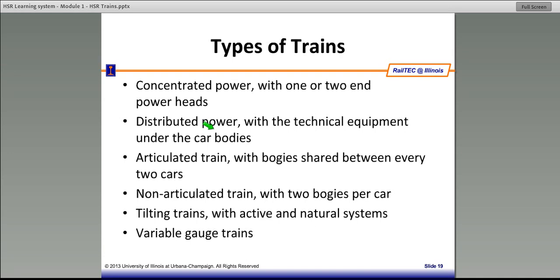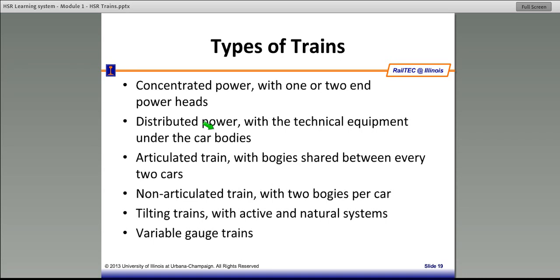Actually the motor is mounted on bogie, so it's a power bogie train, and the power is still distributed throughout the train. So it's called distributed power, and they all have their advantage one type over the other one, and we will talk about the advantage and disadvantage later on.